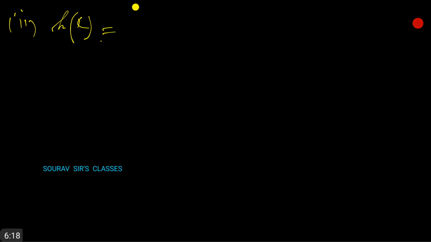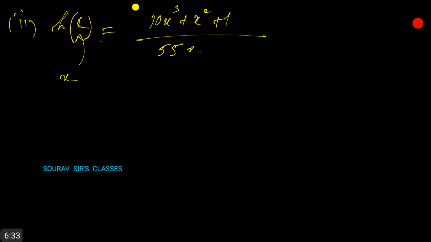In any case, h of x equals 10x cubed plus x squared plus 1 by 55x cubed plus 23.